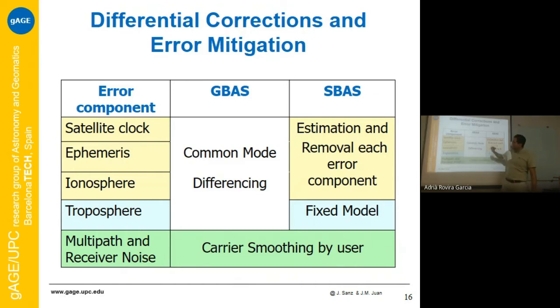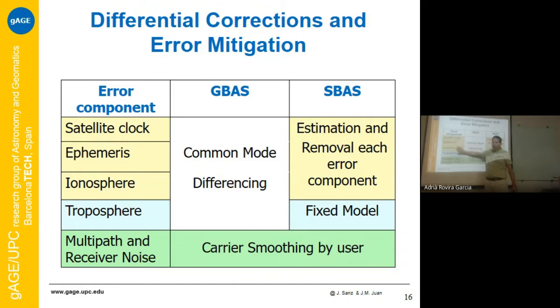We have errors in the satellite clocks, errors in the satellite orbits, in the propagation channel, both in the ionosphere and the troposphere, and errors at the receiver side. So we have different techniques, and you can see that GBAS uses common differences, and we will see in a minute what this means.